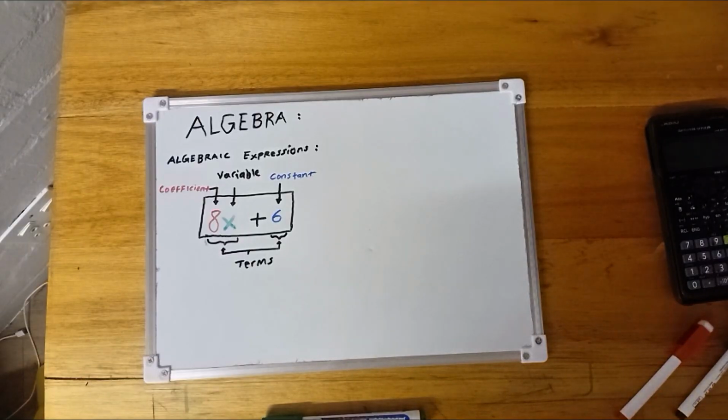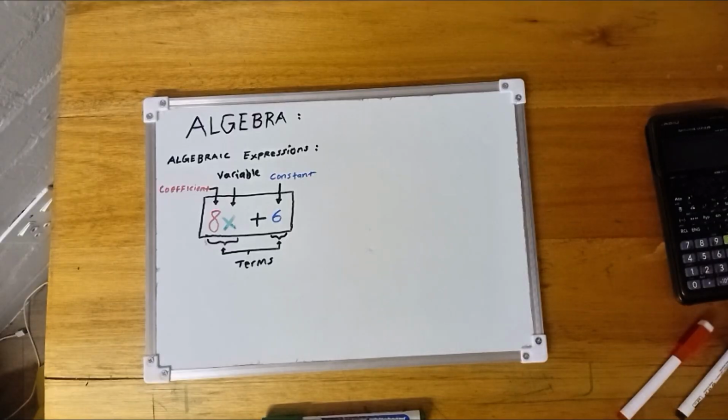Then, moving forward, coefficient. Coefficients are the fixed values attached to variables. They are multiplied by the variable. So 8 is a coefficient. Whenever they call out a question like the coefficient of x, now you will know 8 is your answer because it's a multiple of a variable.